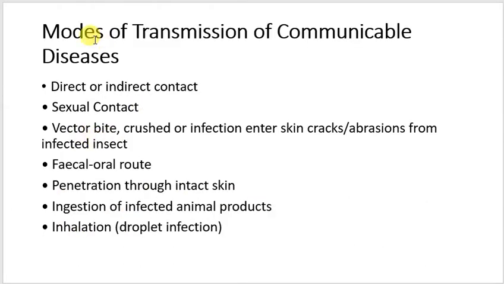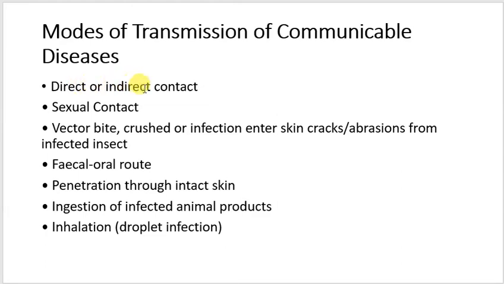So the next part is the mode of transmission of communicable disease. This is a way of explaining how disease comes from one person to another person. Mode number one is direct contact. Direct contact, as I described earlier, is when an infected person gets in contact with another person.